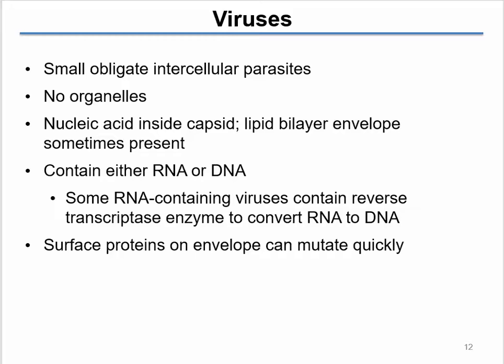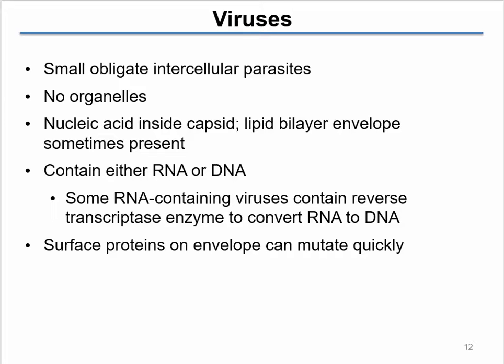We'll talk about where that comes from in a couple of minutes. But they really are pretty simple. All it really takes is the protein capsid and RNA or DNA. It can be either or.